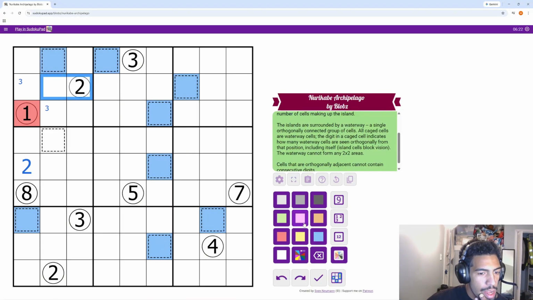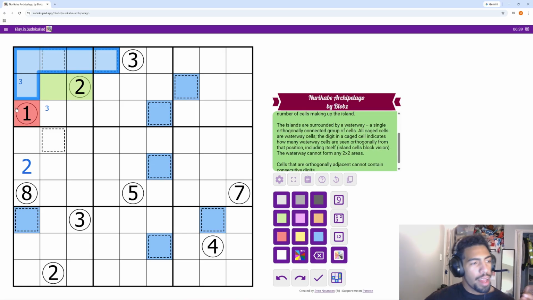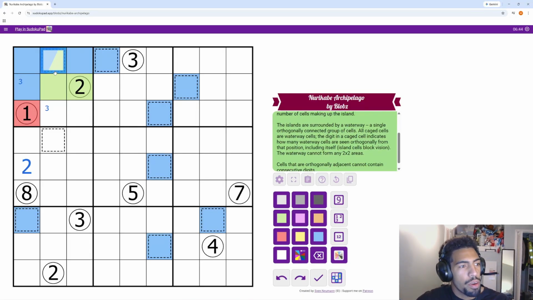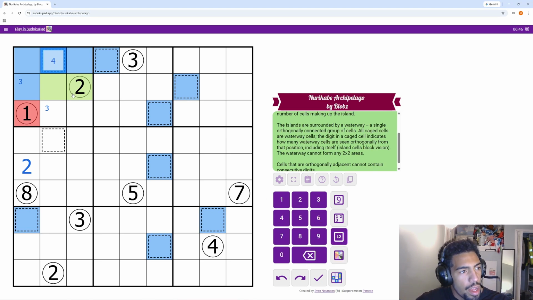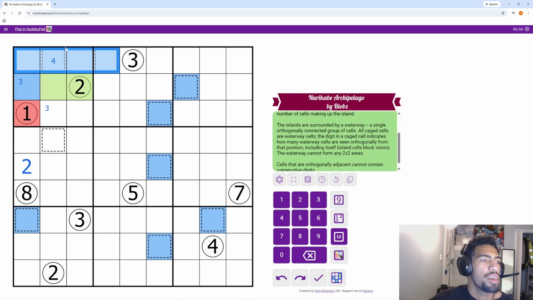Okay, so I'll make that island green. And then I'm pretty sure that means that these two are water cells, which means that this is the water cell. And that makes sense too, because this cell has to be at least a 4, so it needs to have at least 4 orthogonally seen cells.